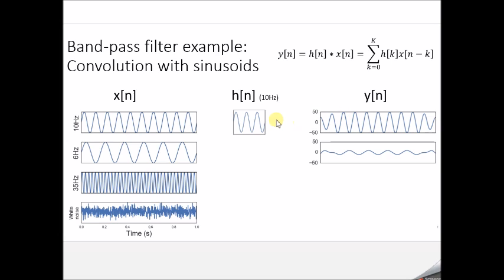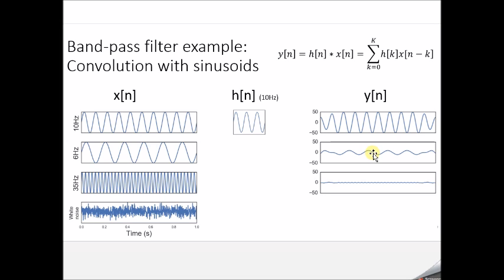However, if our input is a 6 hertz signal and we do this convolution, again, this is by time reversing h of n and sliding that through the input signal x of n, we get out a 6 Hz signal approximately, however it's been very attenuated by this filtering process.